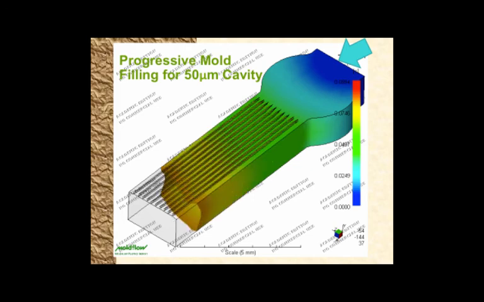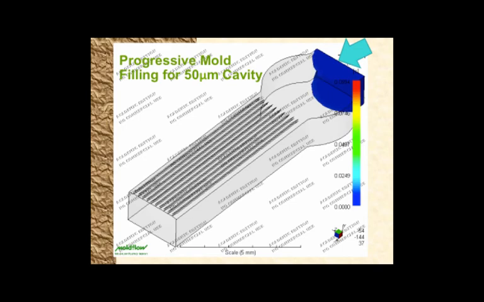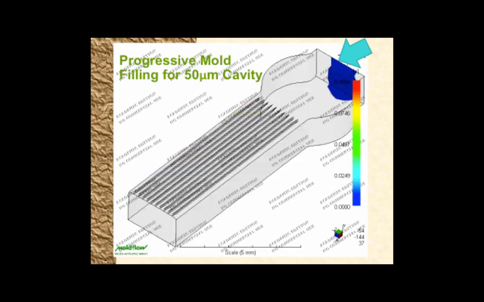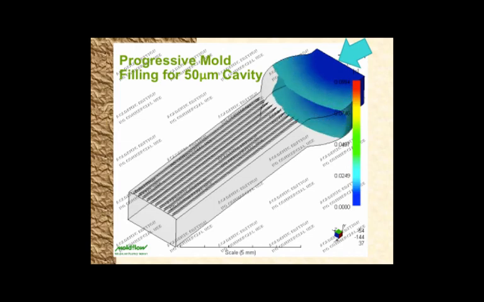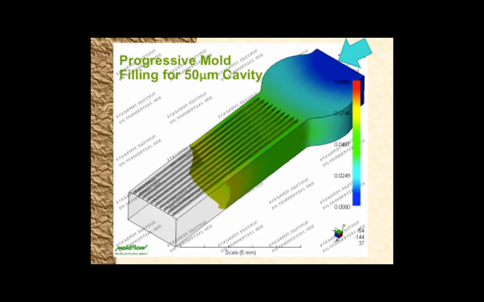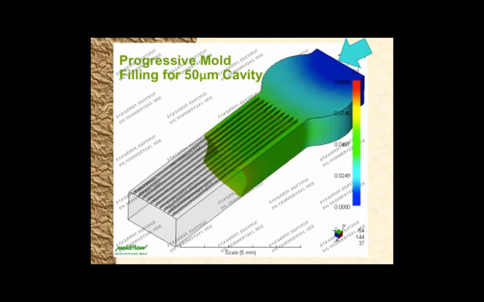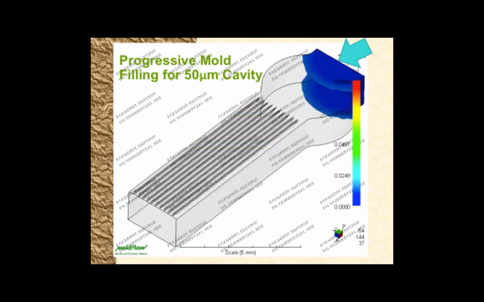Higher the viscosity, more difficult it is to fill, and the lower the melt temperature, the easier it is to solidify. So this indicates that you might have most of your defects in the microchannel region, the microfeatured region, because it is filling the latest in the mold cycle, when the melt temperature is the lowest, and it's going to solidify very fast, and the viscosity is going to be too high to fill fast enough.